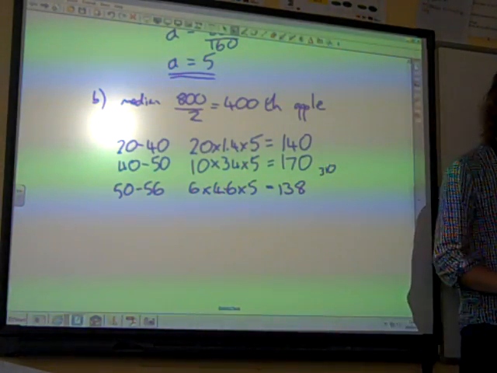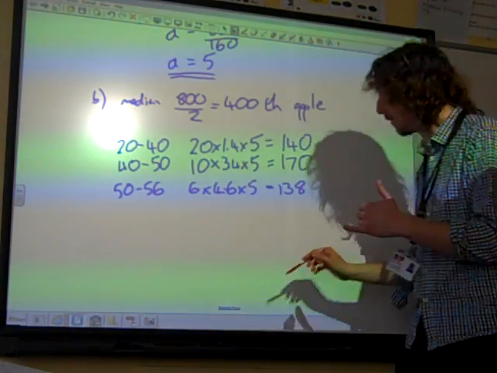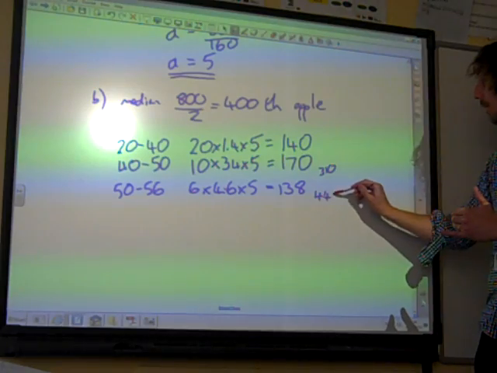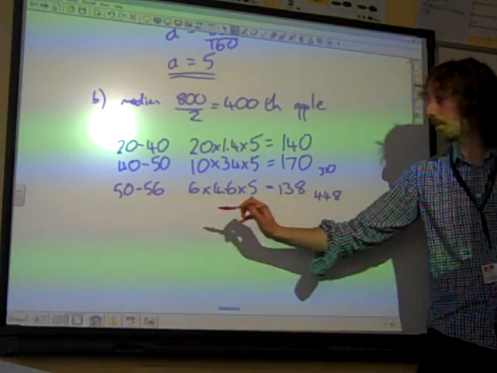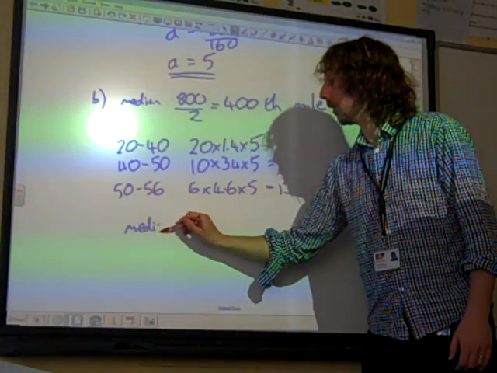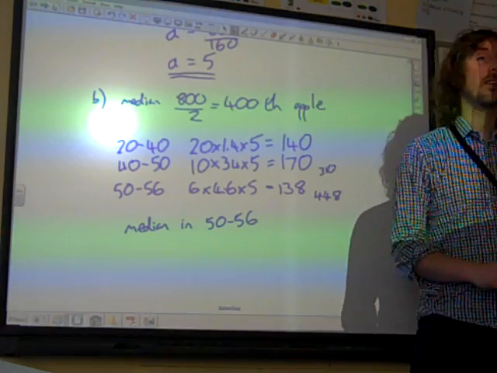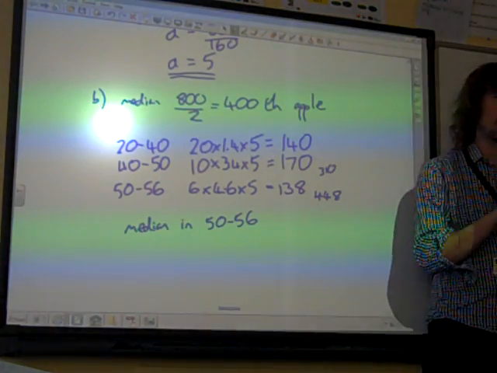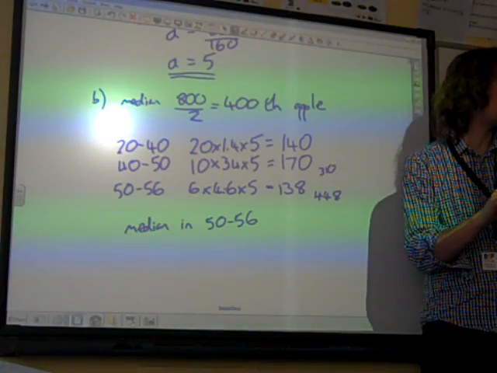Aha, so that takes us past our 400 point that we were trying to get to. That takes us to 448 as our cumulative frequency. So the median is in the 50 to 56 class. At this point, we've got 2 of the 4 marks, but we need an estimate of where the median is within that class.